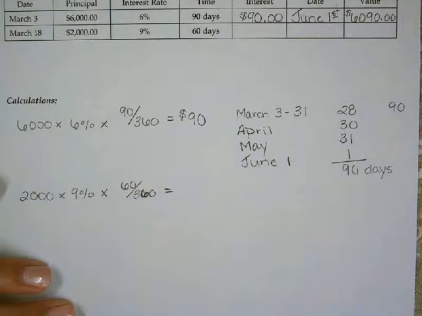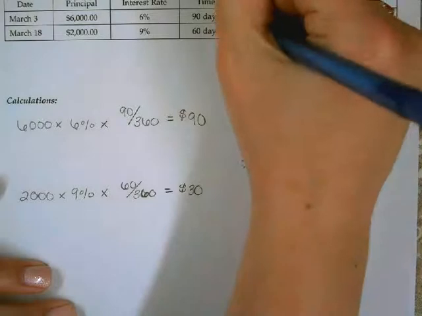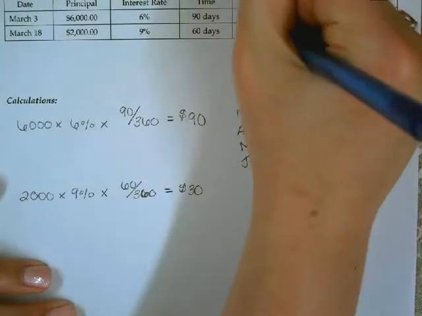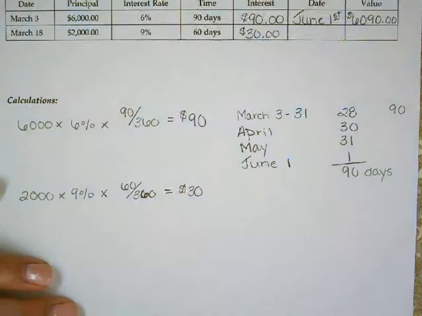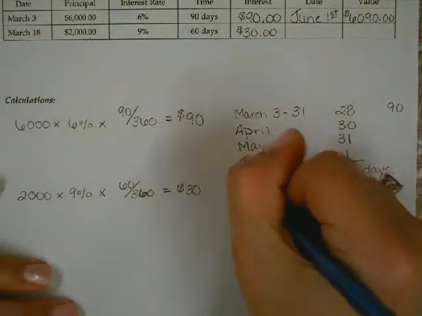Okay, next we're going to figure out our maturity date. We signed it on March 18th. Remember, this one is going to be a 60-day note, so 31 minus 18 is 13 days. How many days from April are we going to use? All 30. Right now we're at 43 days.